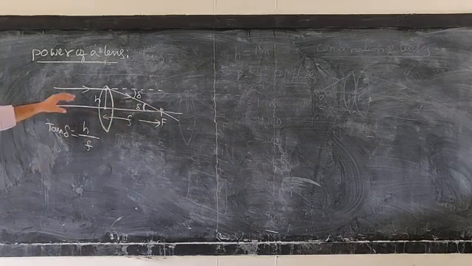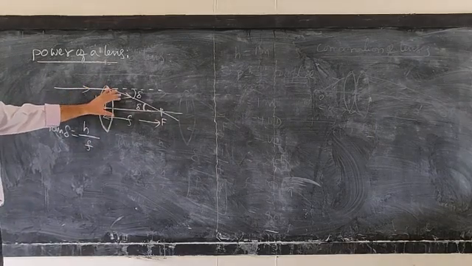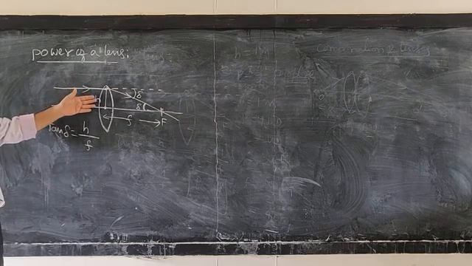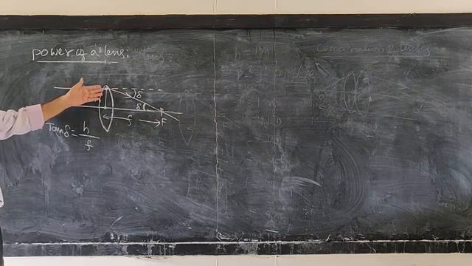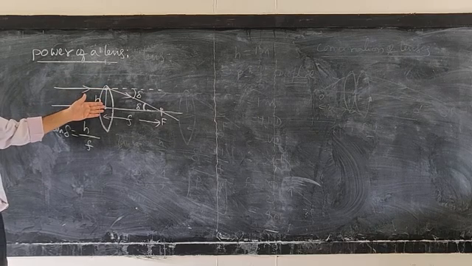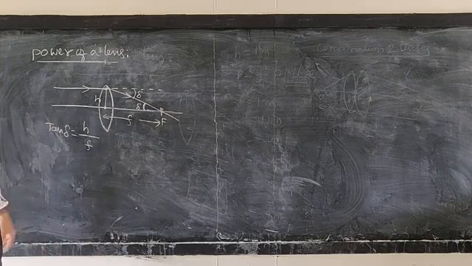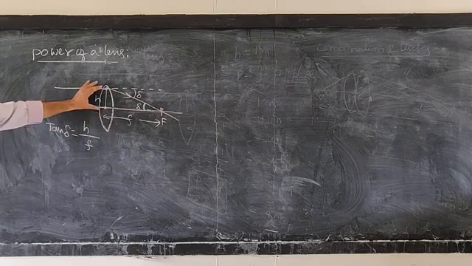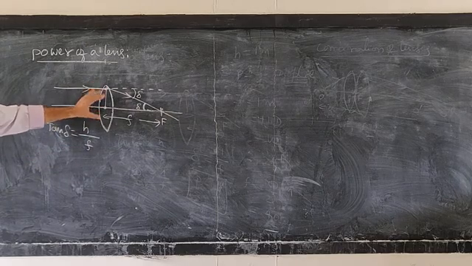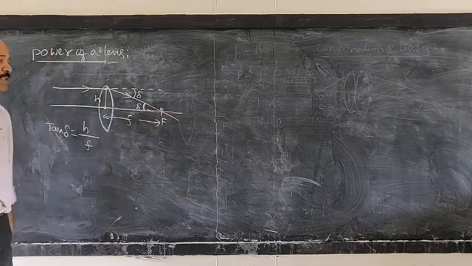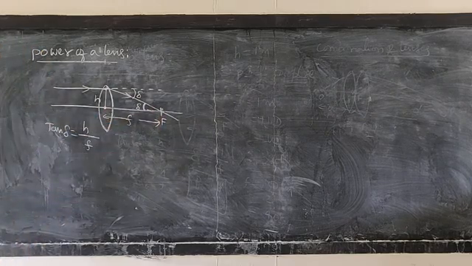So how much the beam deviates after refraction, that angle is expressed in terms of the height at which the beam strikes the lens and the distance at which it crosses the principal axis.